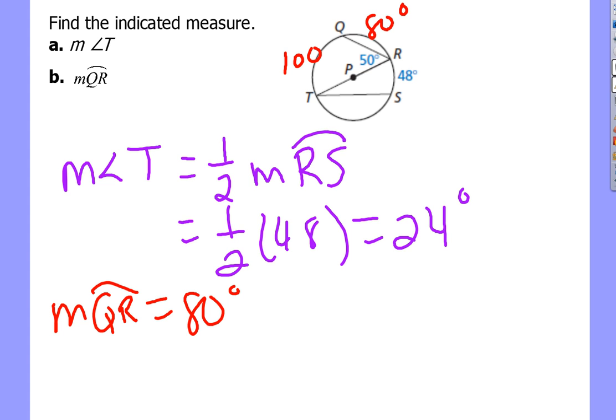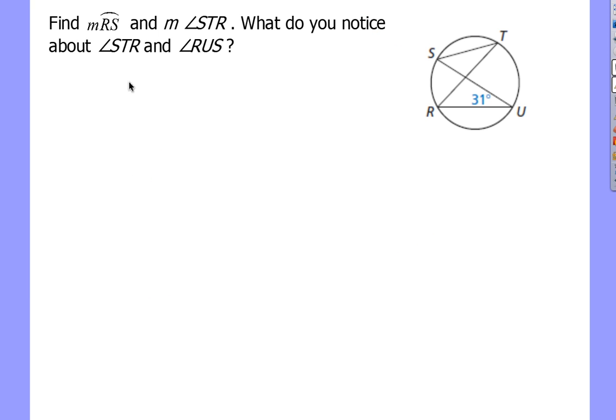Let's take a look at another possible example utilizing the measure of an intercepted arc. They want us to find the measure of arc RS right in here, and the measure of the angle STR. And then it wants us to see what we notice about STR and RUS. So first, let's find the measure of RS.